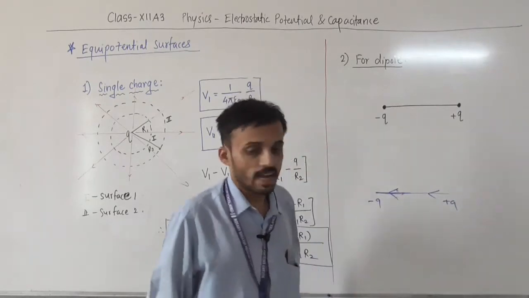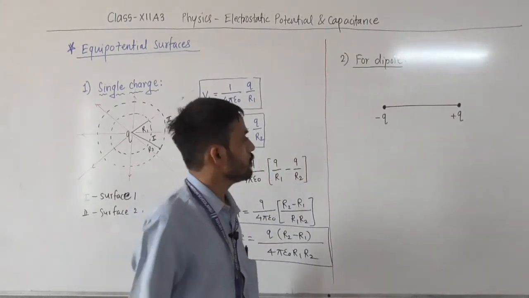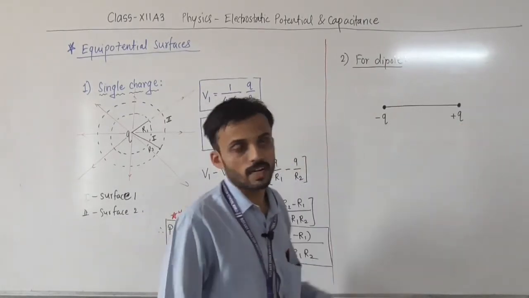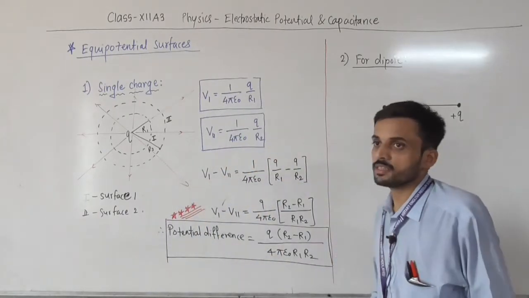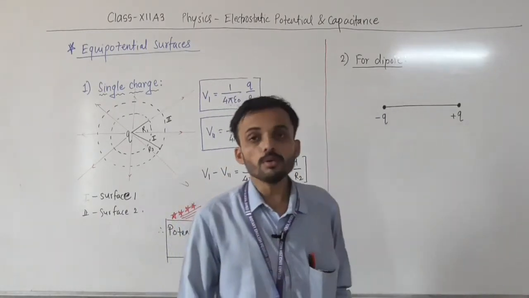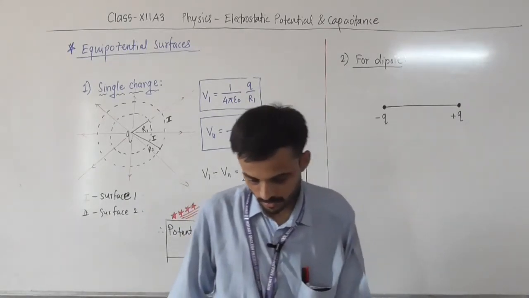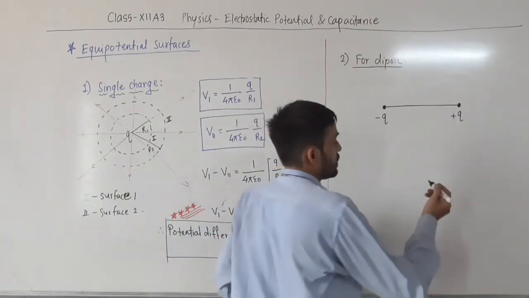Okay. Now, if we want to calculate for dipole, then you have to write down whatever I am giving you. Dipole can have many equipotential surfaces between any two given charges. One of the equipotential surface will be, कौन सा होगा? तो हमने पढ़ा है, क्या पढ़ा है?